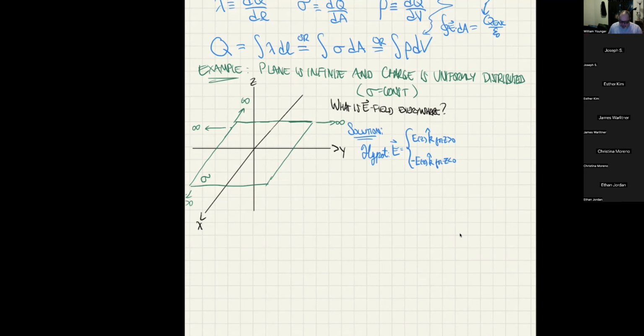See if y'all can think up that, and I'm going to go ahead and just take the time to draw the actual Gaussian surface that I desire. Okay, so that's my Gaussian surface.